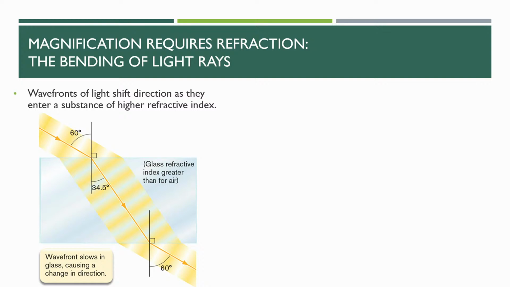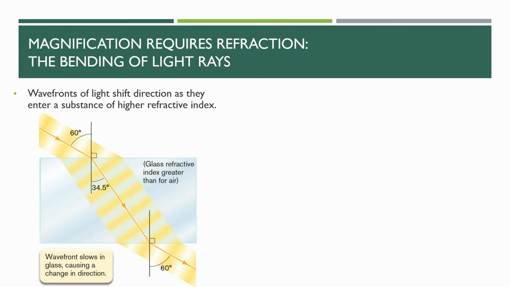So here we're looking at glass, and first the light is coming in, and there's something that we call a refractive index, which determines how the light shifts when it hits things with different refractive indices. There's a note that says glass refractive index is greater than for air.